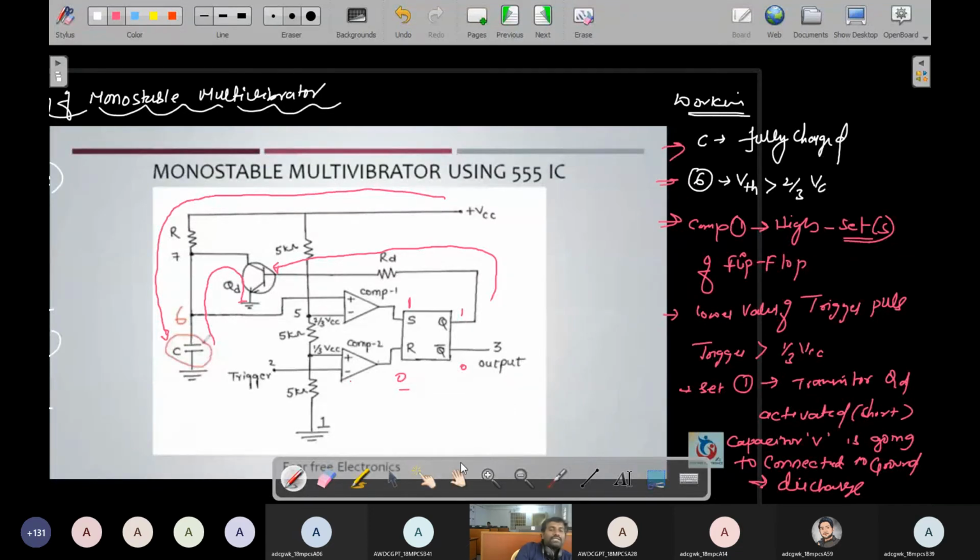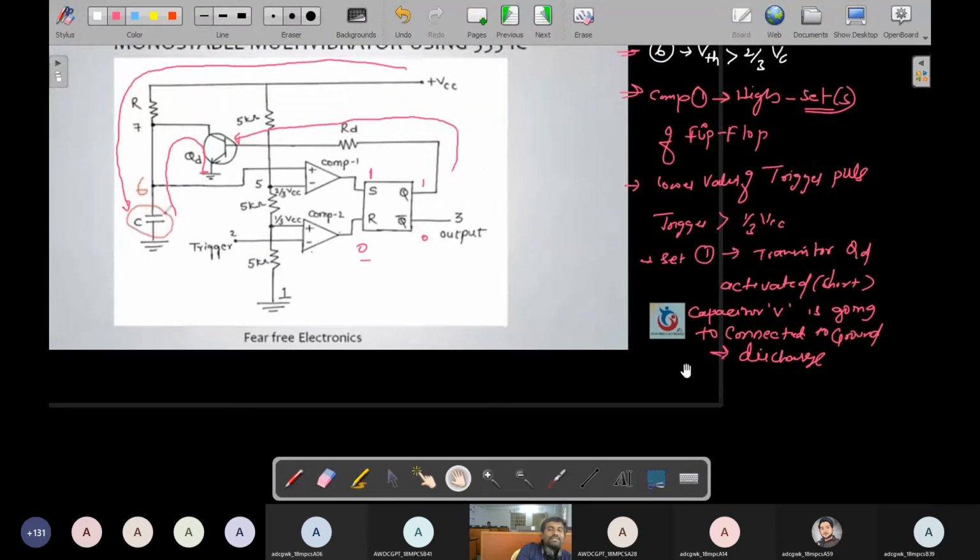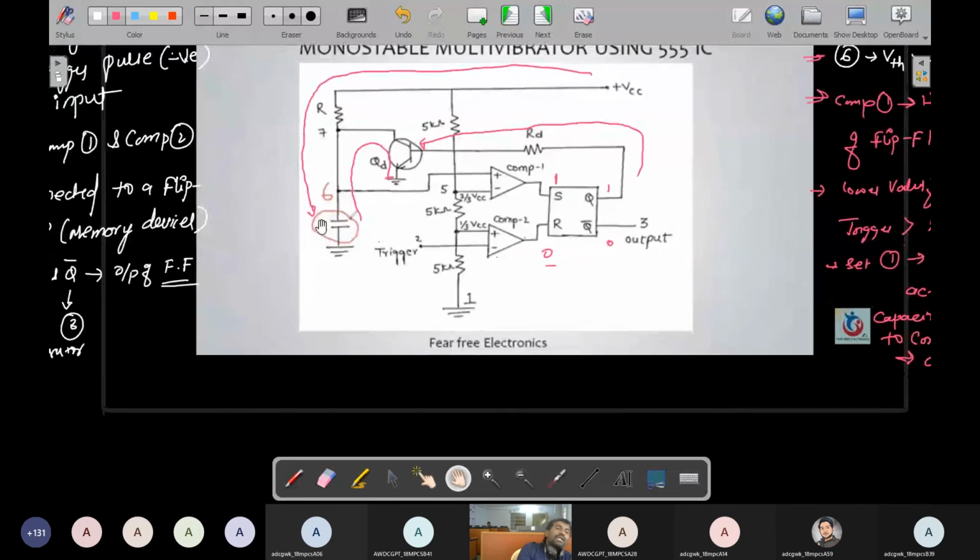So in this process what will happen? See, when the capacitor is discharged, the potential at this capacitor is low. When the potential at this capacitor is low, the threshold voltage will take that lesser voltage. So therefore VTH is less than 2 by 3 VCC right now.